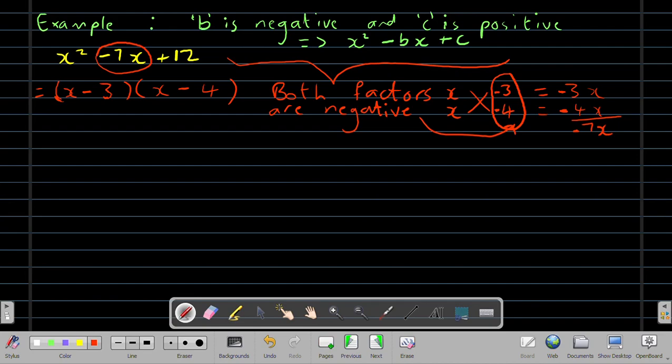You can check if this is correct. I hope you take my word for it that it's correct, but yeah, you can check it at home, just to see if you multiply it out. This will always be good exercise. The more math you do, the better you become. All right, let's move on to the next one.